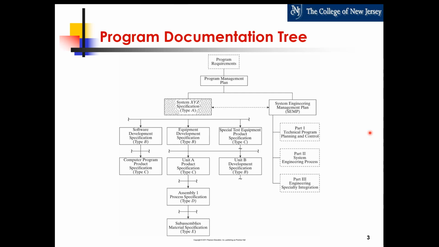We discussed that we have a program management plan that comes from program requirements, that most of those requirements are from a business perspective, and we acknowledge that in parallel with the technical part that we are focused on over here, this is the type A specification that we discussed in chapter 3, there is also a systems engineering management plan that ties into the program management that has to do with resources, budgeting, timelines, high-level marketing features interface.